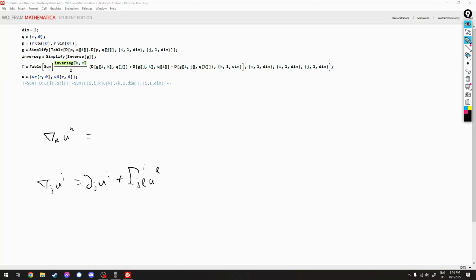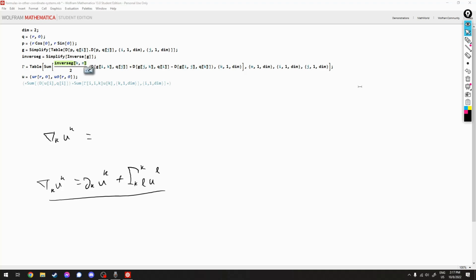So if I'm going to switch that to del_k u^k, all I have to do is switch these guys. Okay, and that's our divergence. And I'm implementing that formula here.